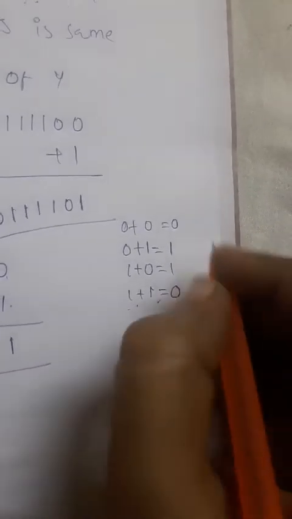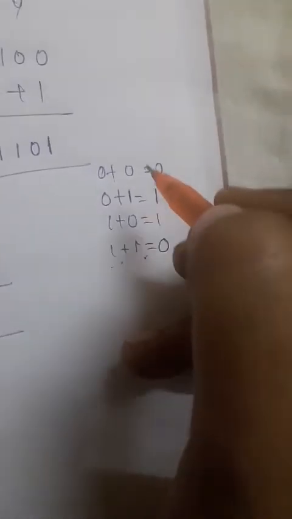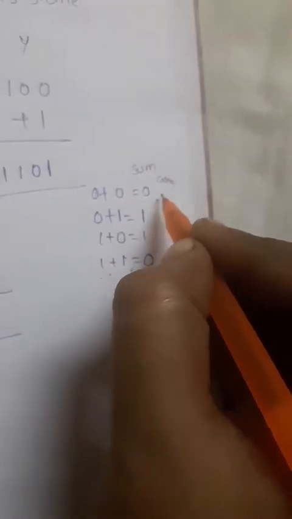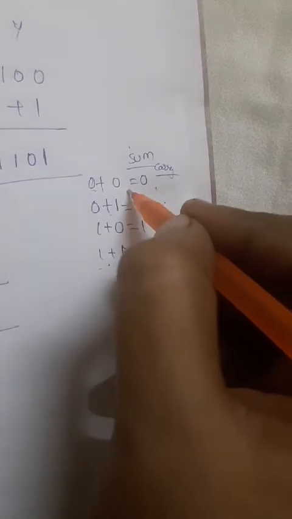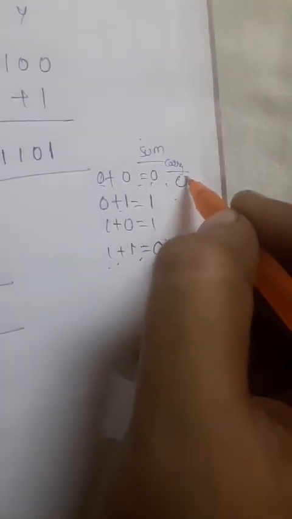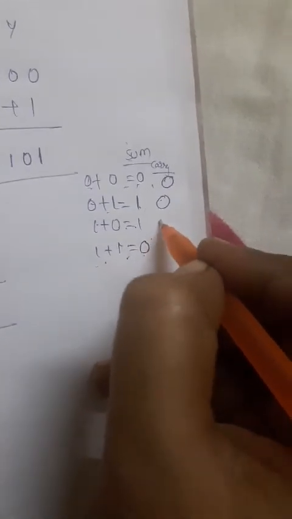Remember the point. If you add any two binary numbers, we get a sum, and another result, a carry. 0 plus 0: the sum is 0 and the carry is 0. 0 plus 1: the sum is 1 and the carry is 0. 1 plus 0: the sum is 1 and the carry is 0.